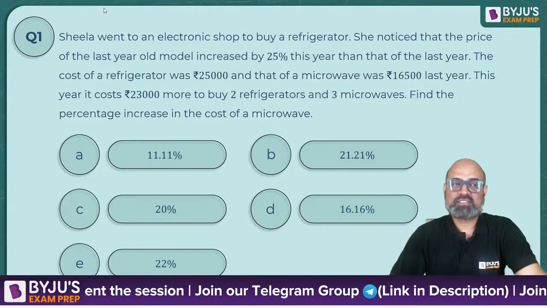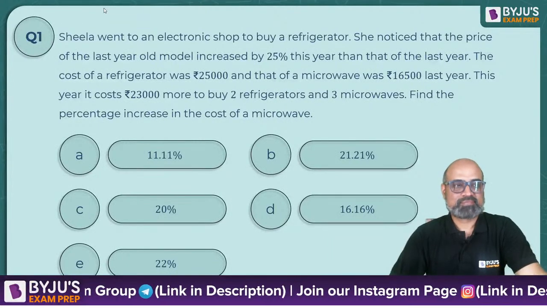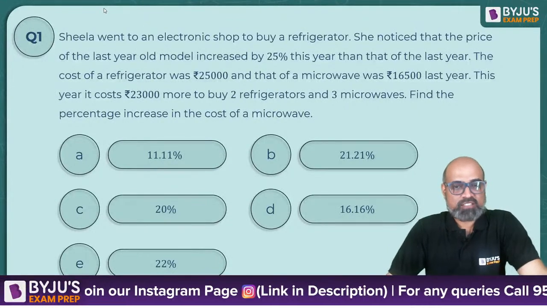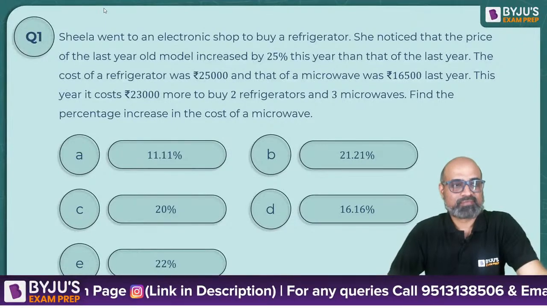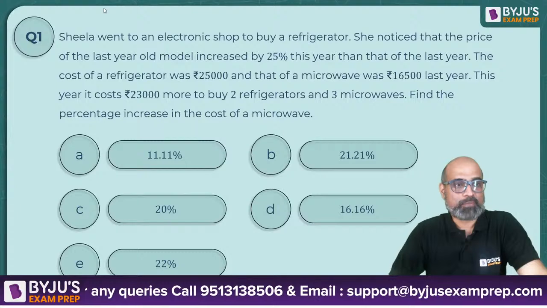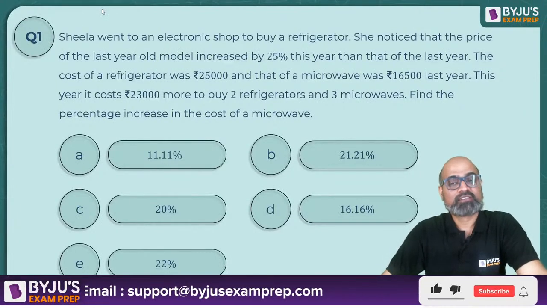Vishnu has answered. Okay. Anuja has answered. Sushmita has answered. Maheshwari also. Everyone has answered alpha, as in option A.